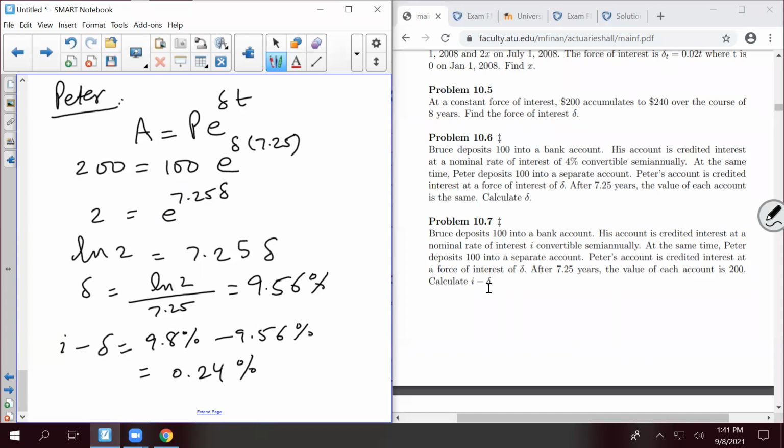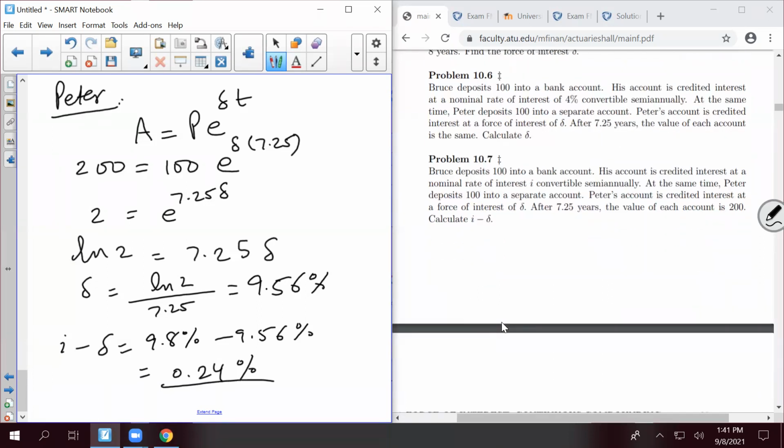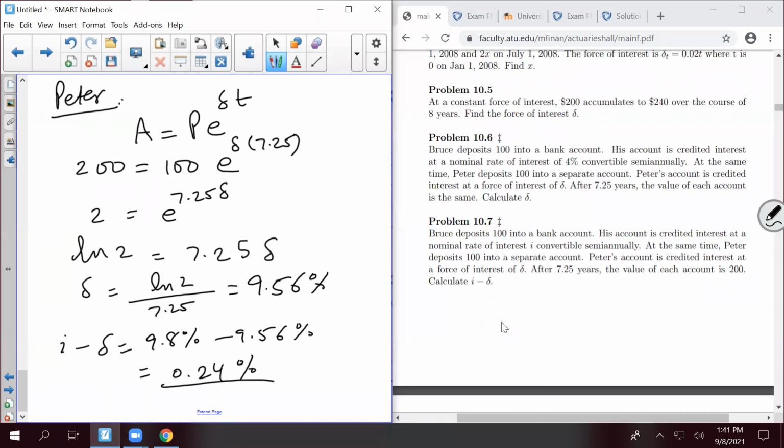Gotcha. Okay. So let's see. What does it mean, that subtraction? Does it mean anything in reality?